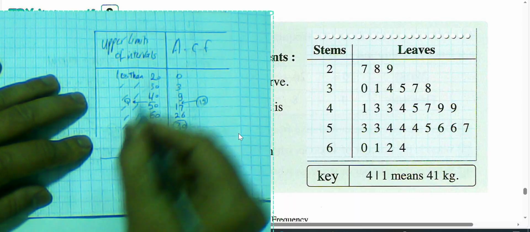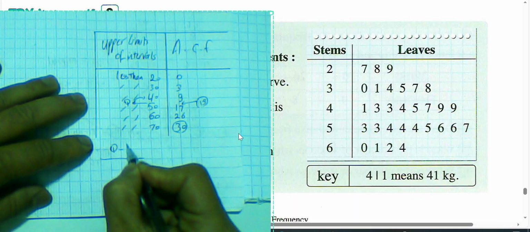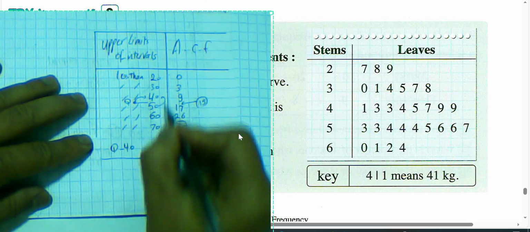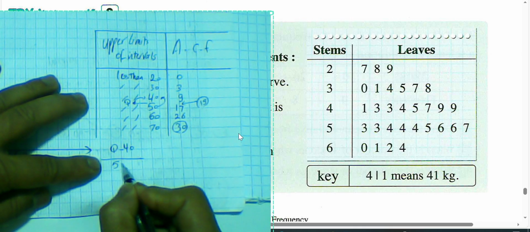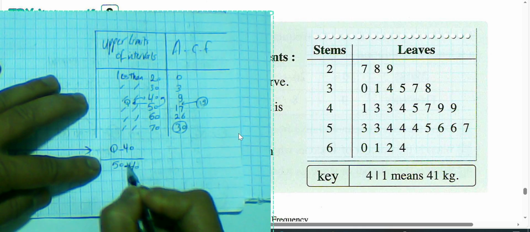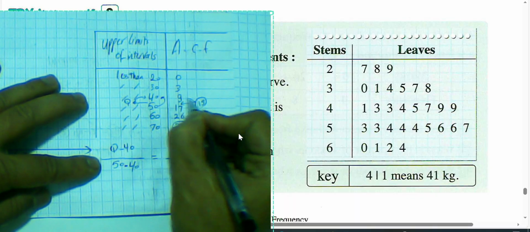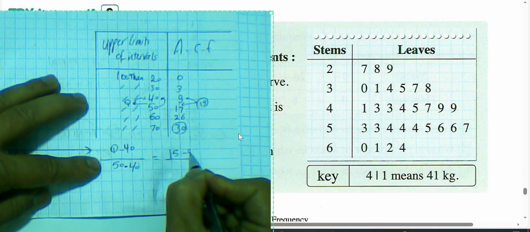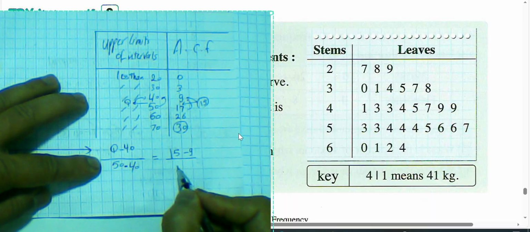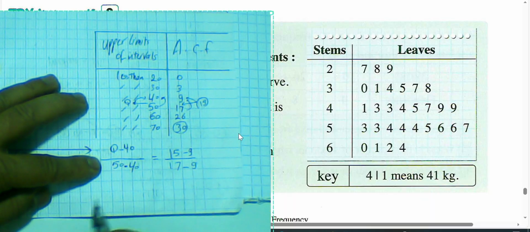Then we write the rule: Q minus 40 over 50 minus 40 is equivalent to 15 minus 9 over 17 minus 9. Complete with me.